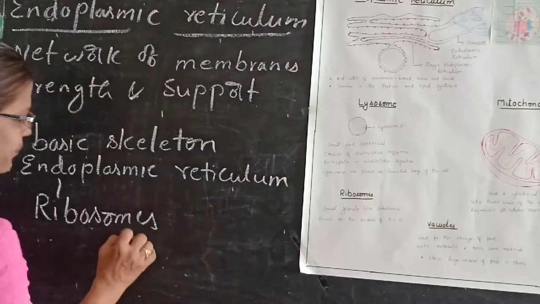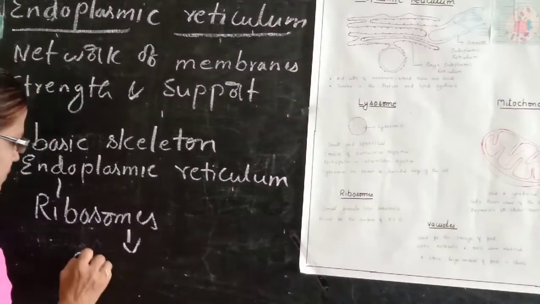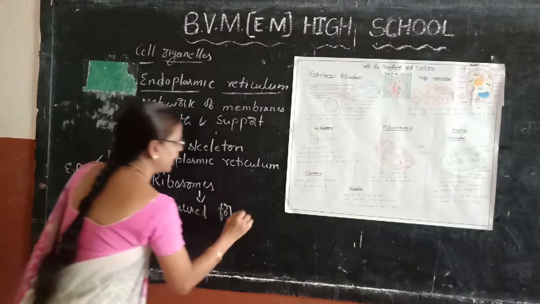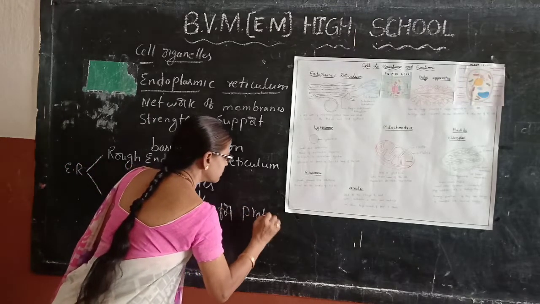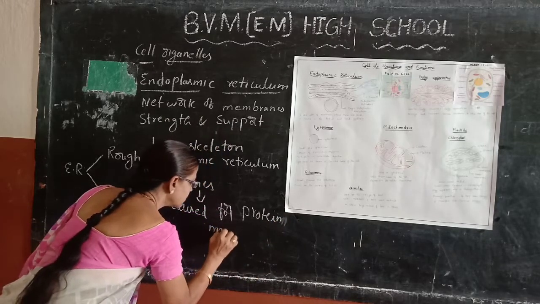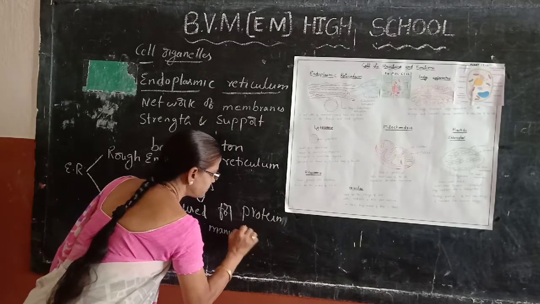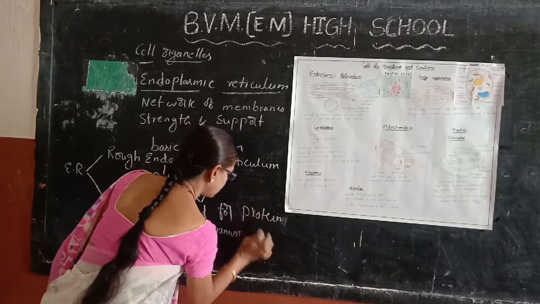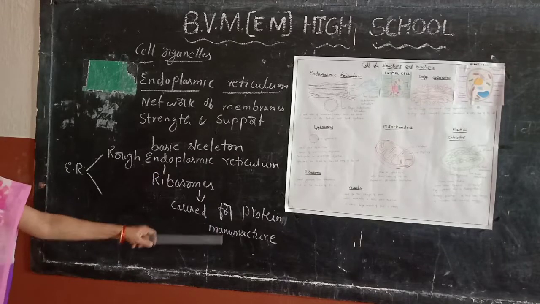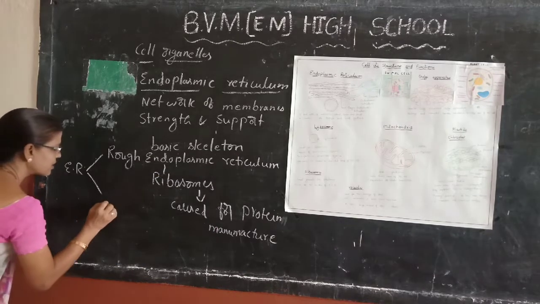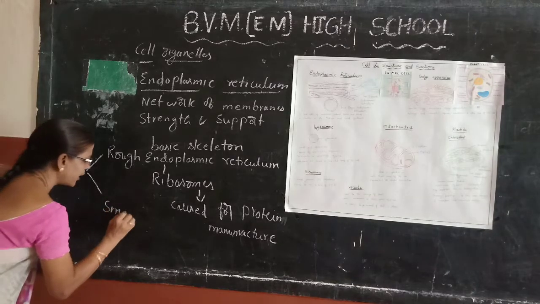Ribosomes are responsible for protein manufacture. Next, the second one, smooth endoplasmic reticulum.